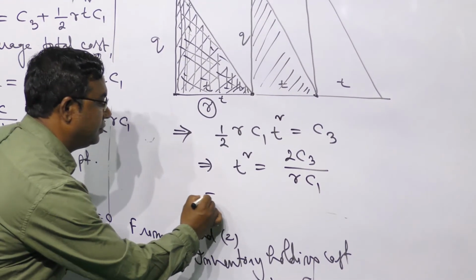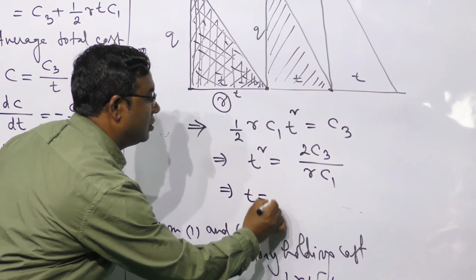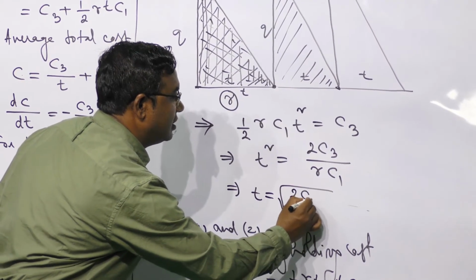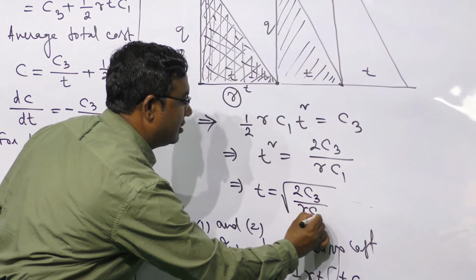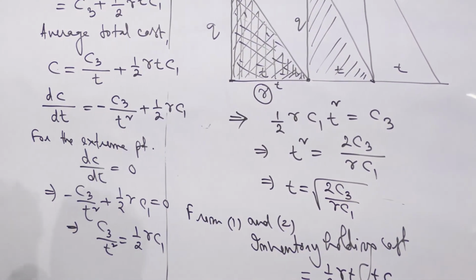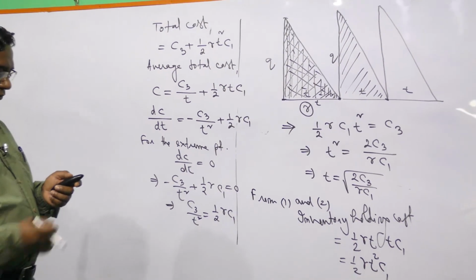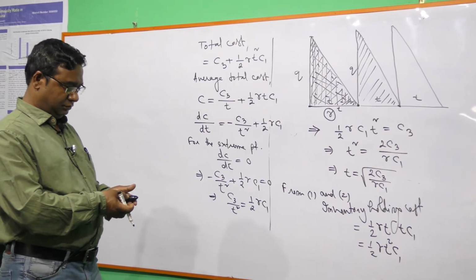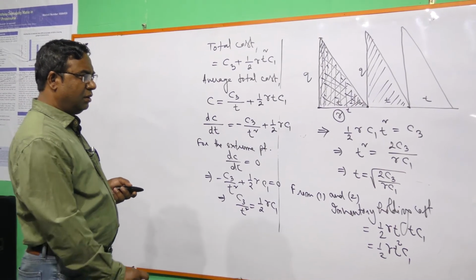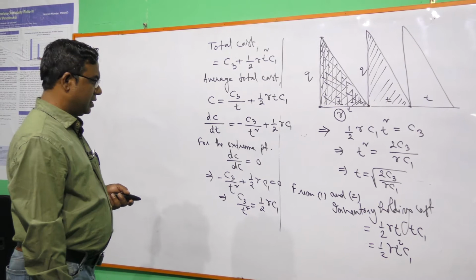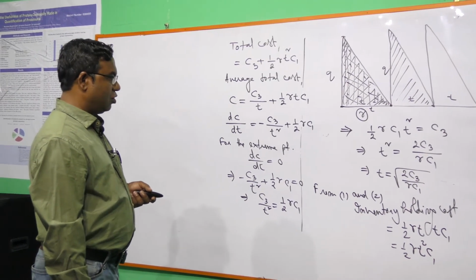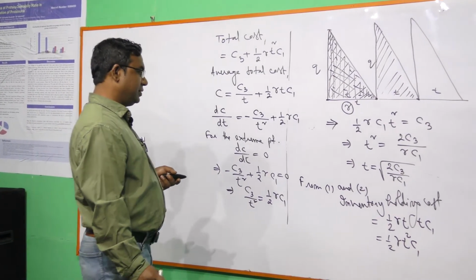So T equals root over 2 C3 by R C1. The value of T is root over 2 C3 by R C1.